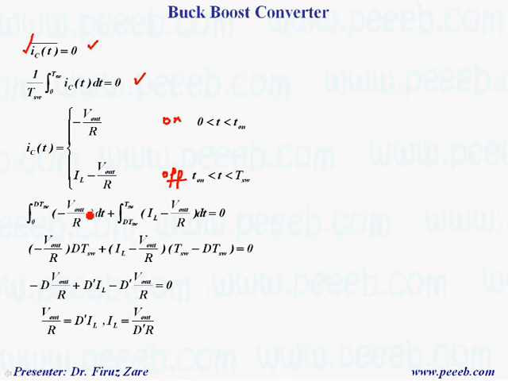That means this average should be 0. When we simplify the equation, we can find the output voltage in terms of duty cycle and inductor current. And when we simplify, finally we can find the inductor current in terms of output voltage, duty cycle, and load resistor.